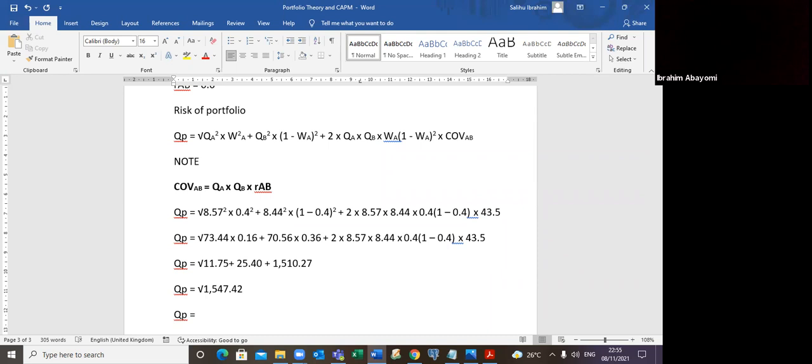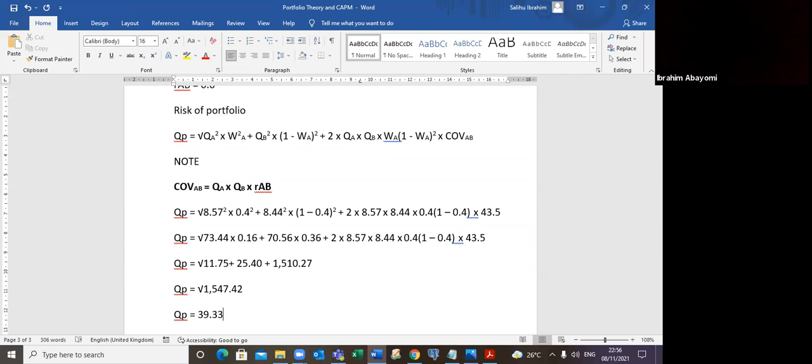Square root of 1547.42 will give me 39.33.